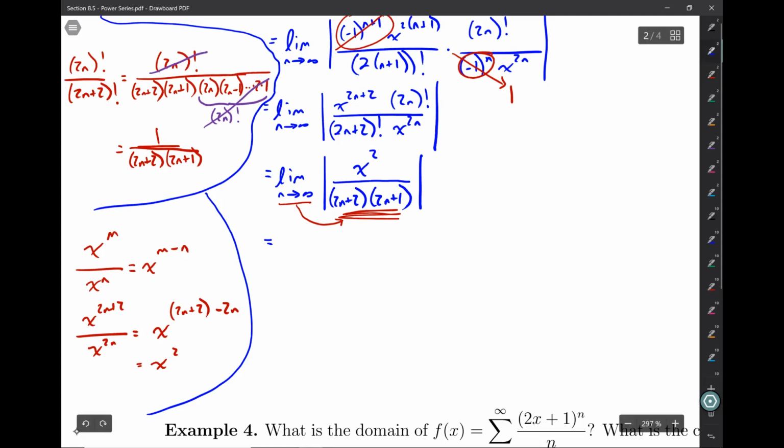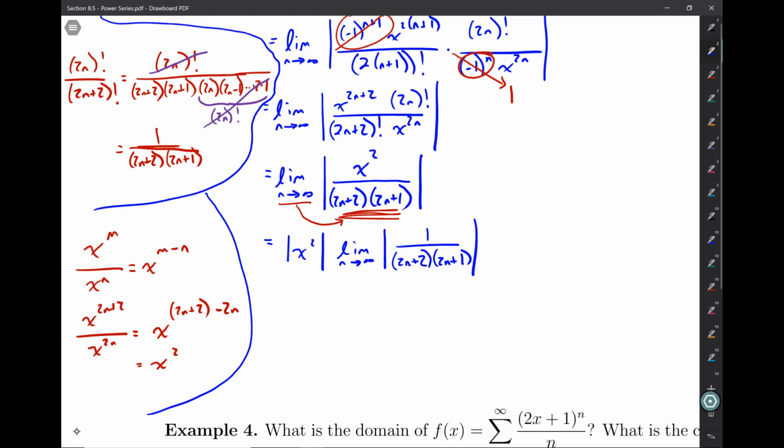So we can take that x squared, and we don't need to consider it as part of the limit. We have an absolute value of x squared that's unaffected by this limit, but everything else is definitely affected by the limit. We have a limit of 1 over 2n plus 1 times 2n plus 2 in absolute values.